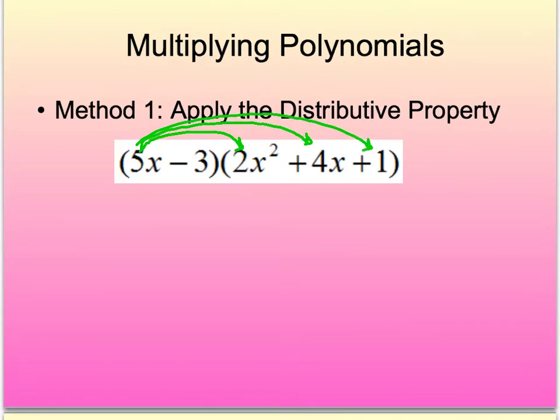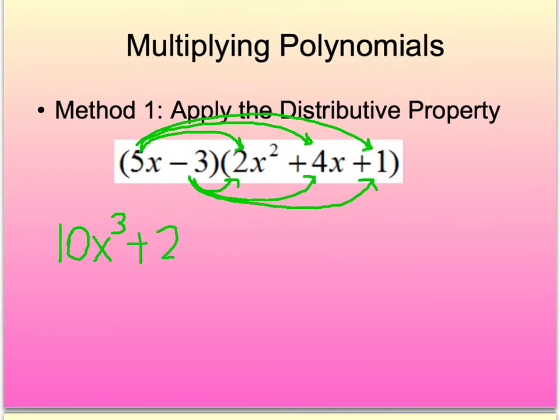And then we're also going to take the negative 3 and give it to everything in that second group of parentheses. So we're just distributing twice, really. So the first one, 5x times 2x squared, would give us 10x to the third. Our next term, 5x times 4x, would give us 20x squared.